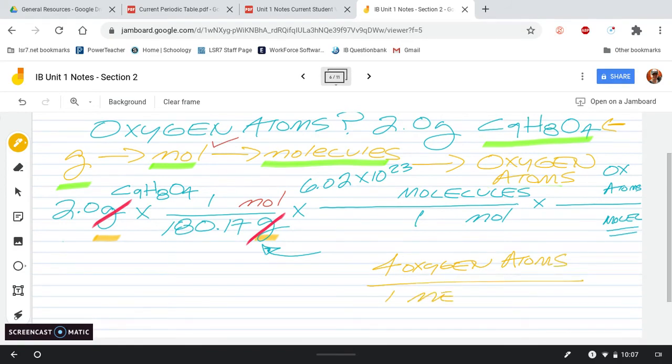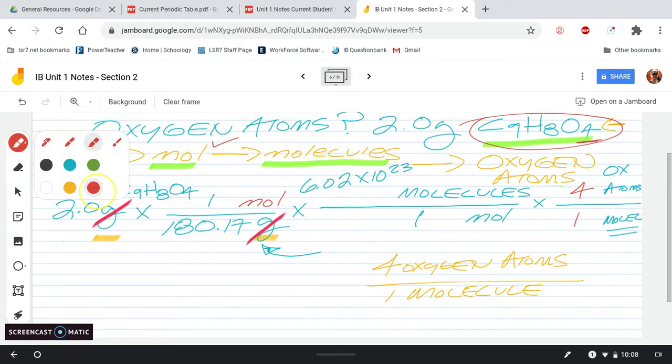And so that is what we're putting down over here, this item. 4 oxygen atoms for every 1 molecule. And you may be like, well, where is he getting that? I don't understand. Well, it's right here. See that? That's 4 oxygen atoms inside this 1 molecule. So it's 4 oxygen atoms for every 1 molecule.